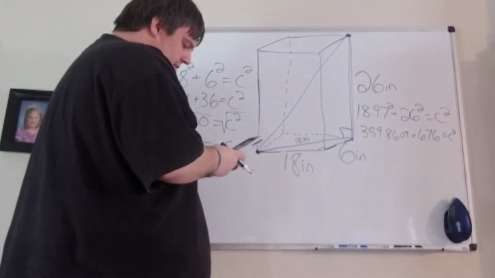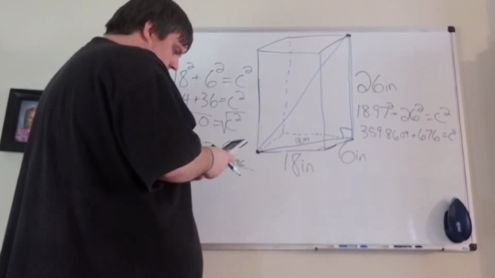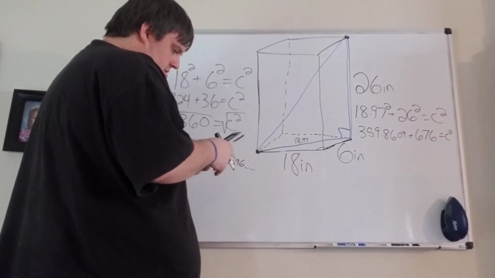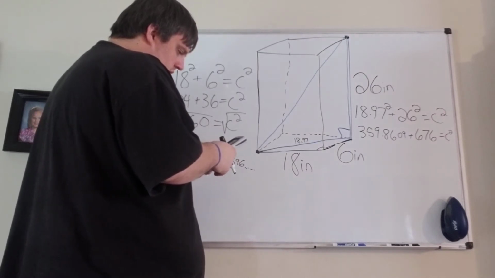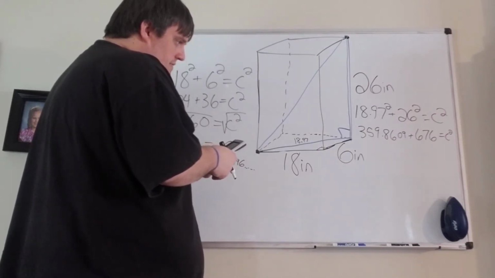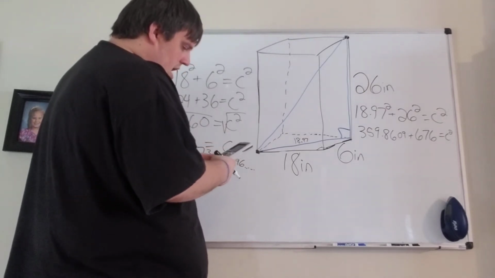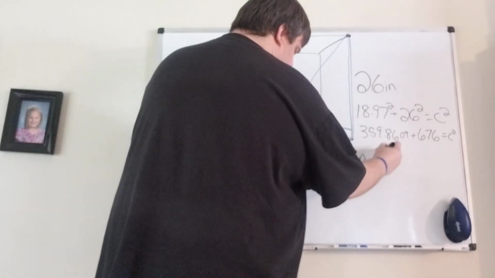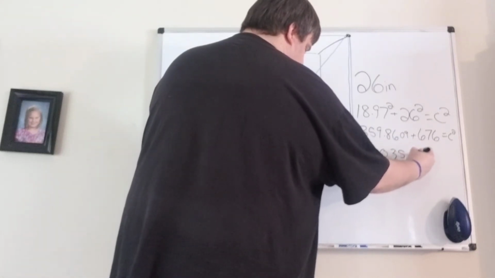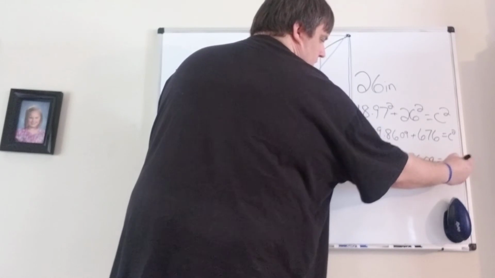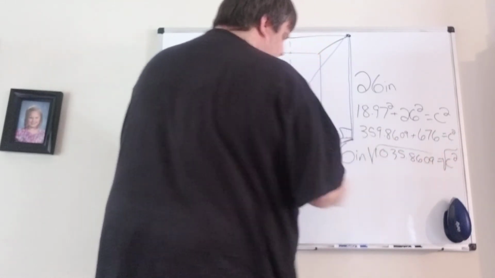Add those together. I got 1035.8609. And then the last step is going to be that square root.